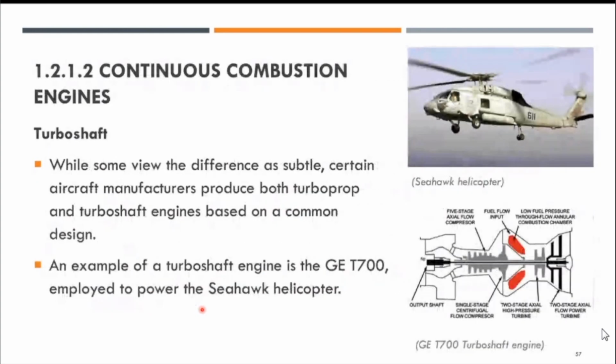Okay, if you look here, a typical Seahawk helicopter is powered by the GE T700 turboshaft engine. While some view the difference as subtle, certain aircraft manufacturers produce both turboprop and turboshaft engines based on a common design. But normally there is a very distinctive difference between a turboshaft and a turboprop type of engine.